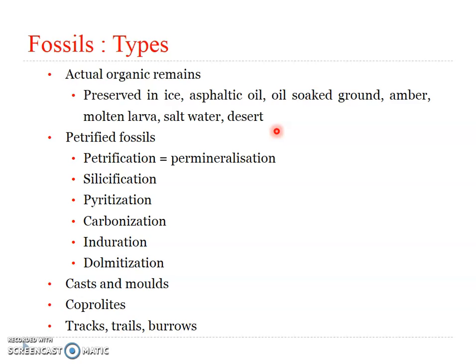Then asphaltic oil found in tar pits and asphalt lakes in various parts of the world is another natural preservative. The famous tar pits of Rancho La Brea in Los Angeles, in Southern California, trapped a great many animals and preserved their bones, because most of the bacteria that cause decay cannot live in asphalt.